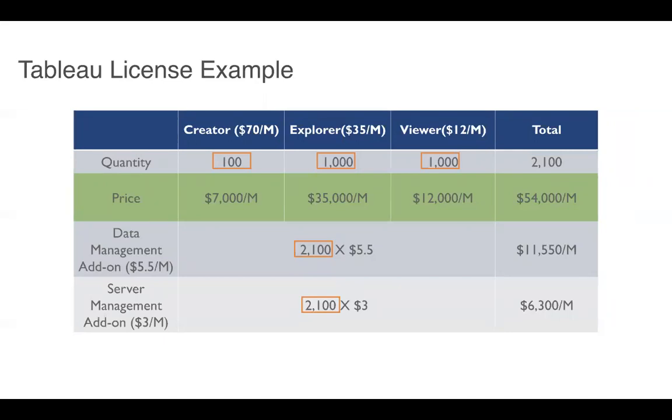Again, that's my understanding from Tableau's pricing model. If you plan to buy an add-on, for example the data management add-on, you have to buy it for every single user on the server, which in this example will be 2,100. You cannot buy 100 or 1,000. You have to buy 2,100. Same thing for the server management add-on.